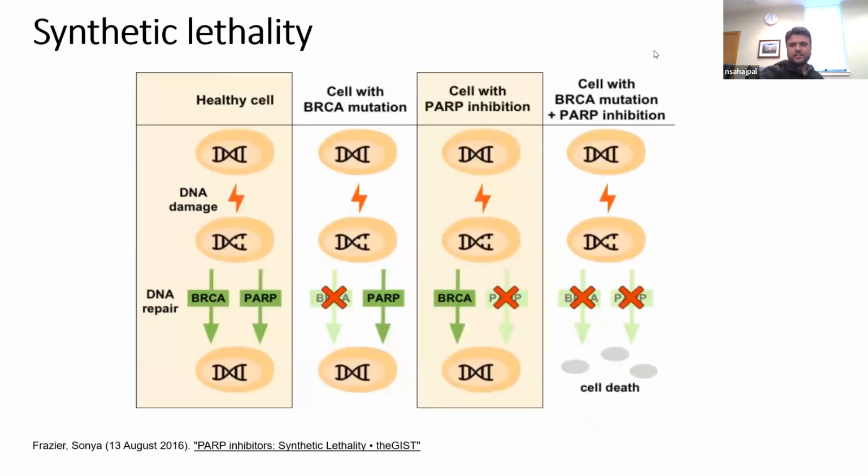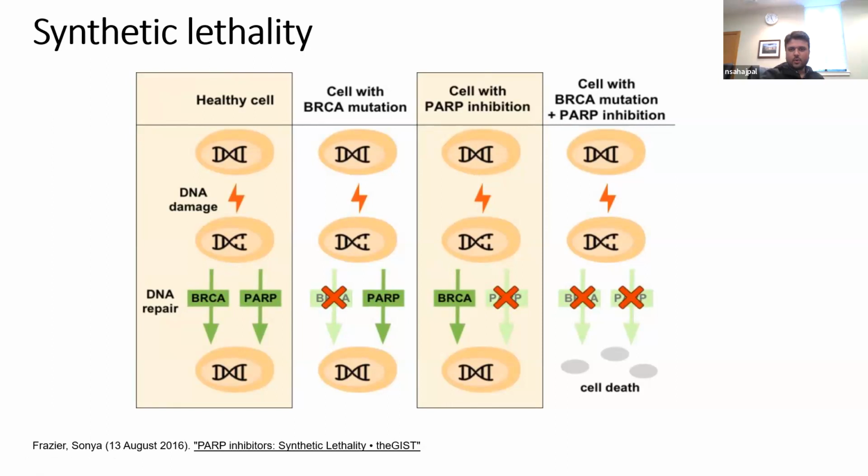Why it is relevant to pick up homologous recombination deficiency, as a simple example: when we have DNA double-stranded breaks, there are two key players, BRCA and PARP, which are both able to repair these breaks. In cells which are BRCA deficient or have mutations in the BRCA gene, PARP is able to take up this DNA repair function.